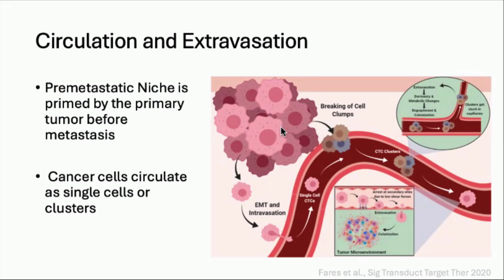Once cancer cells go from these clusters of tumor cells and enter the intravascular system, the circulatory system can be quite harsh for them. As such, they need to be able to resist the mechanical pressures within the blood vessels.